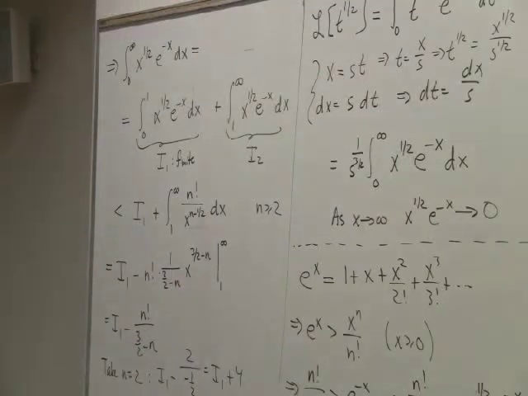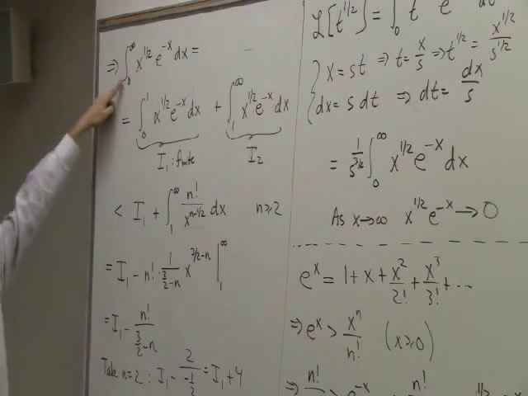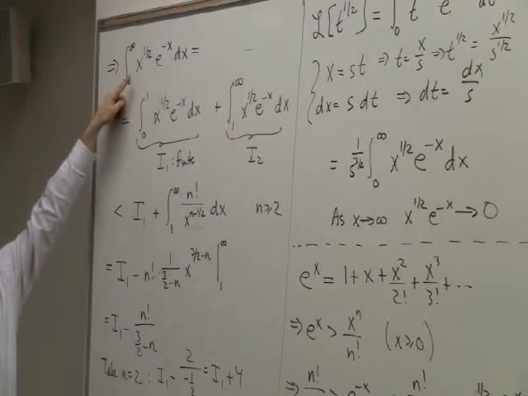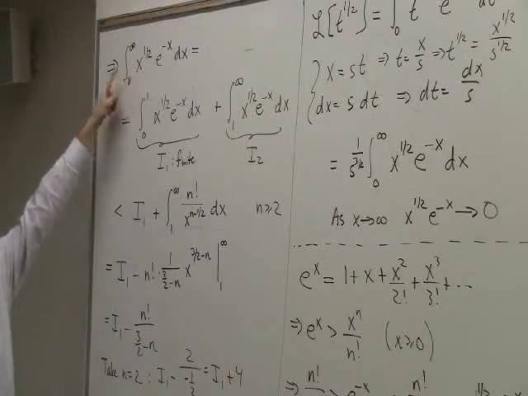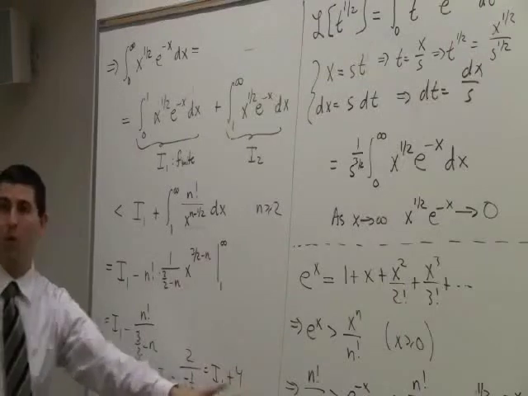Cool. So that tells us that this integral converges. Because look, this integral is certainly positive, and it's increasing as this thing grows, but it's less than I1 plus 4.